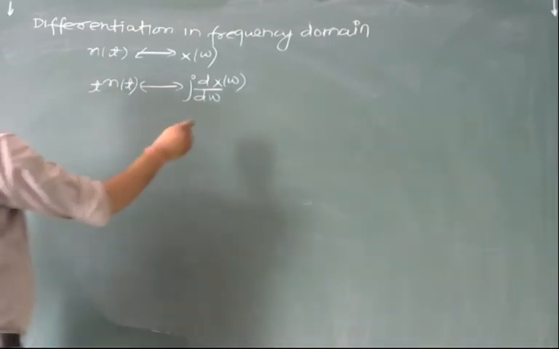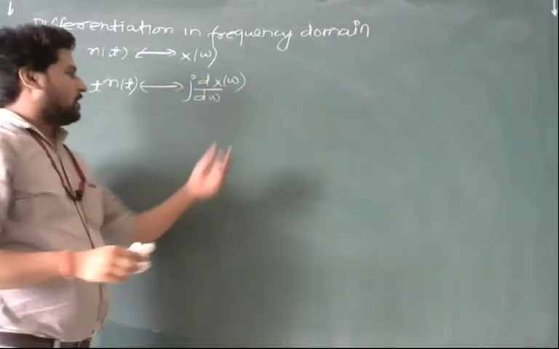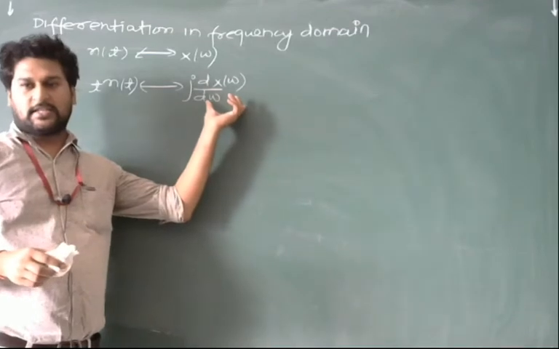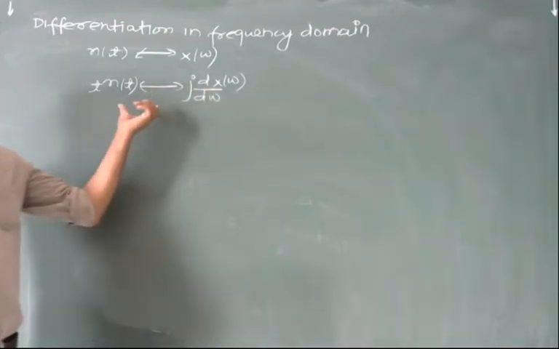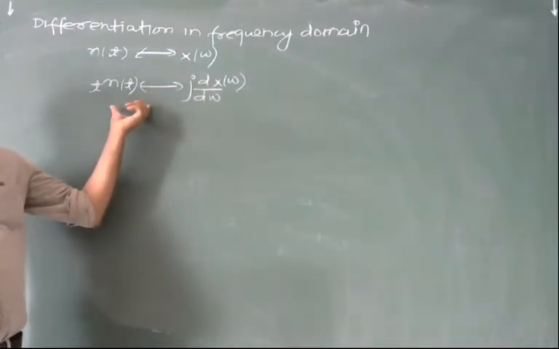It means that if we differentiate the signal in the frequency domain, then the signal in the time domain will be multiplied by a factor minus j t.